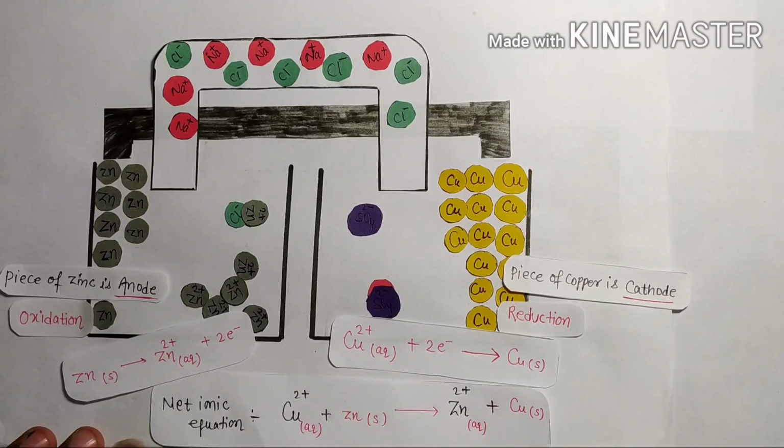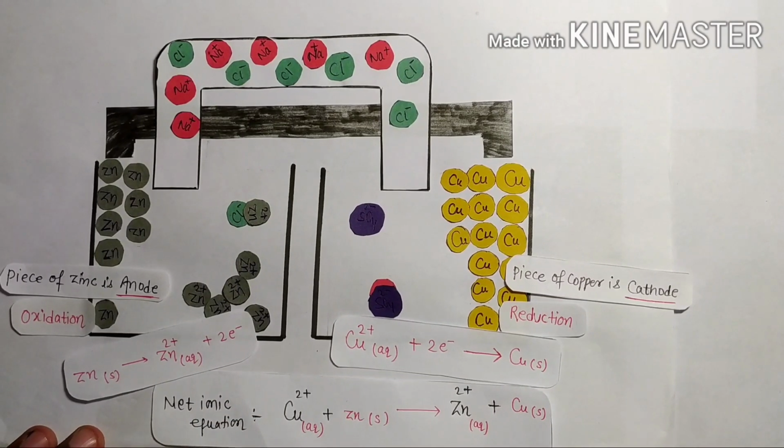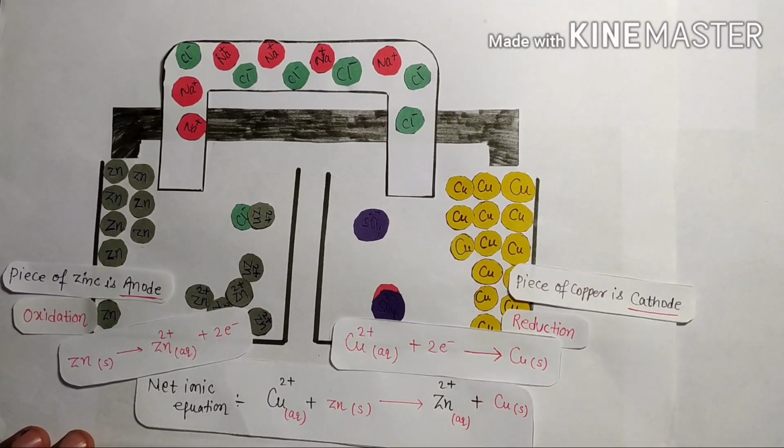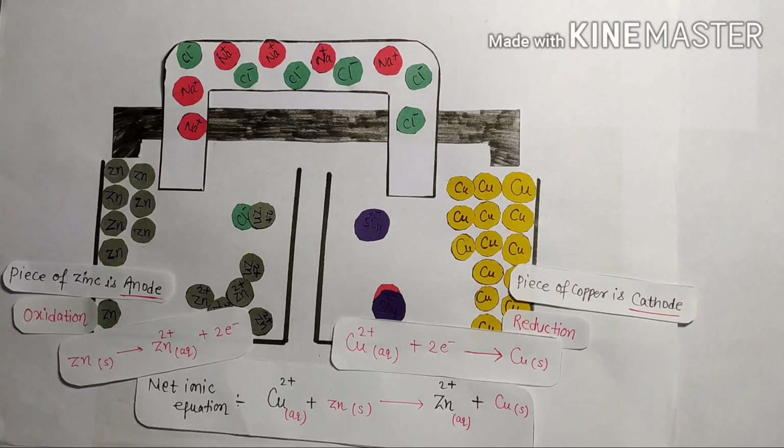We add these together, the 2 electrons and the 2 electrons cancel each other, and the net ionic equation becomes Cu2+ plus zinc becomes Zn2+ plus Cu solid. This is the basic system of the galvanic cell. We have learned in this video how it works and how we construct the galvanic cell. I hope you all like this.